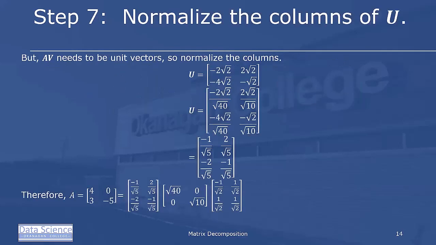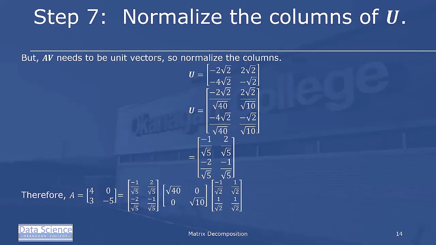Next, we normalize the columns of U. The first column has length root 40, so we divide by root 40. The second column has length root 10, so we divide by root 10. This leaves us with a U of negative 1 over root 5, negative 2 over root 5, 2 over root 5, and negative 1 over root 5.